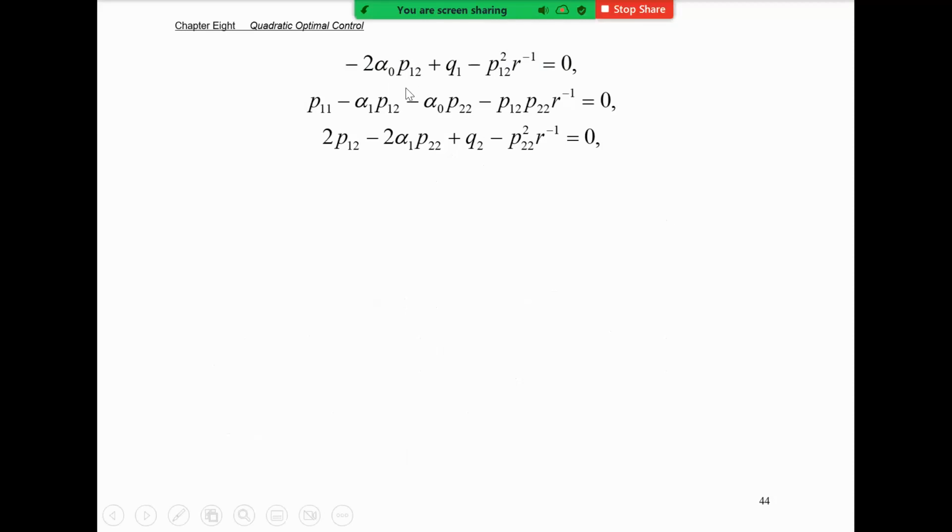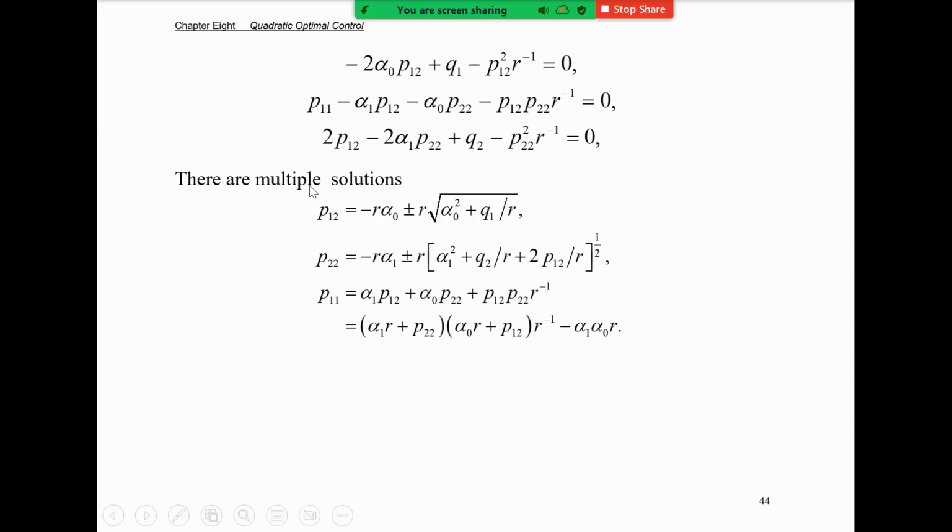There are three design parameters, P11, P22, and P12. But if you look at those equations, they are quadratic equations, so there are multiple solutions. Let's say P12 has two solutions from this one.